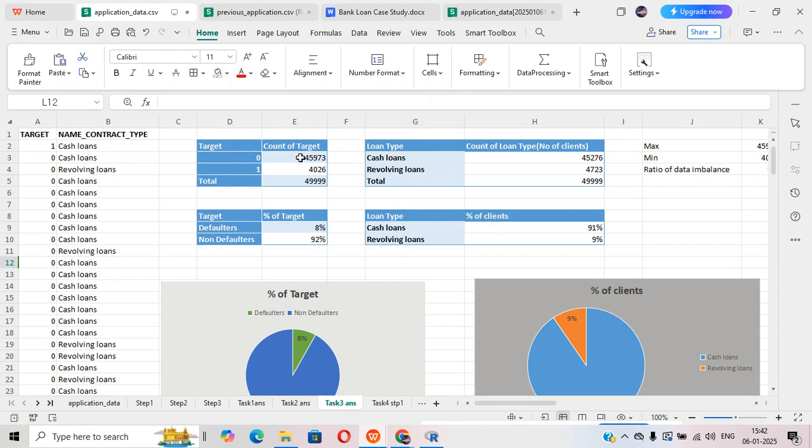For the count of target, I have used the COUNTIF function and the SUM function to add them. And for the percentage, I have divided the respective data by the total.